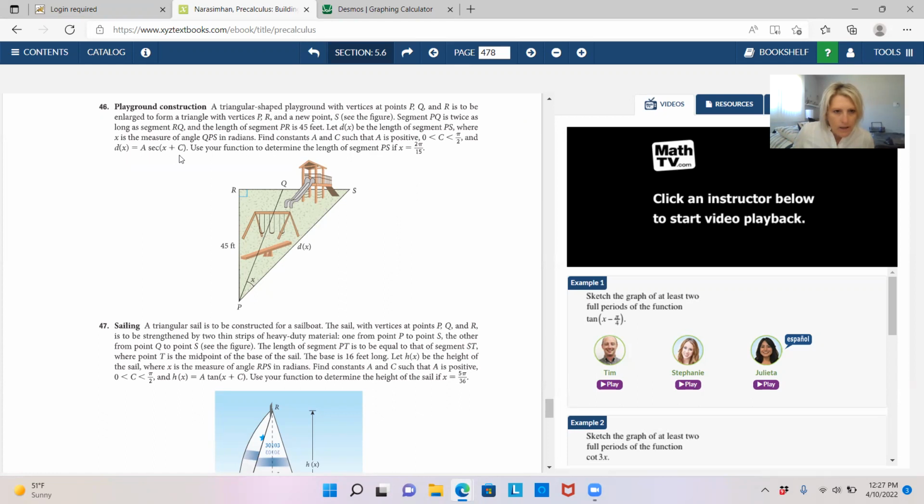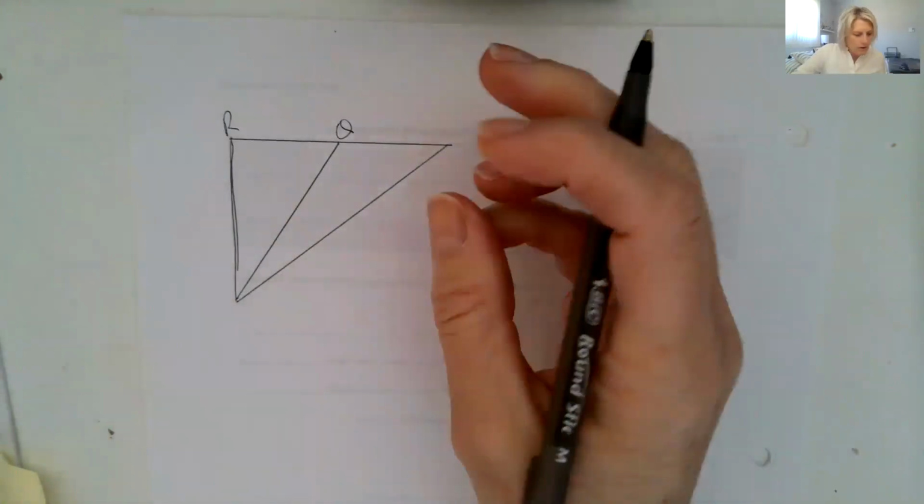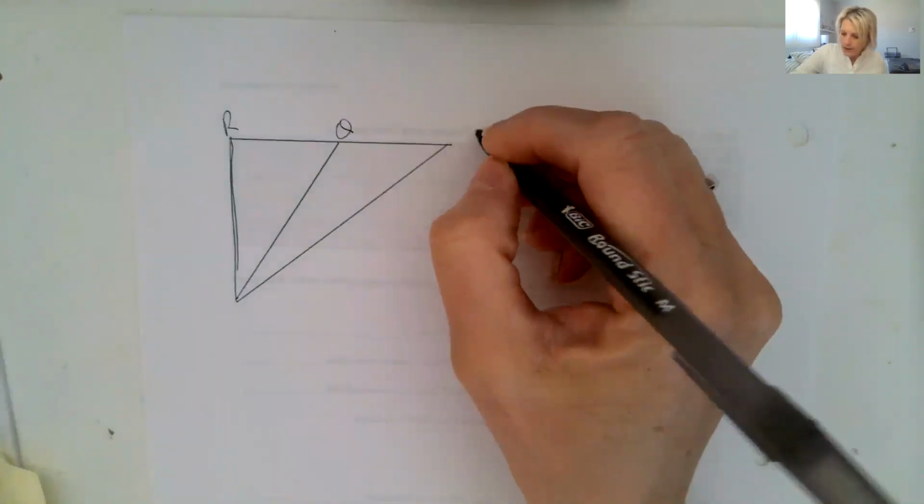They also tell us to use your function to determine the length of segment PS if x is equal to 2 pi over 15. Okay, so I'm going to show you the picture that I drew. This is S over here.